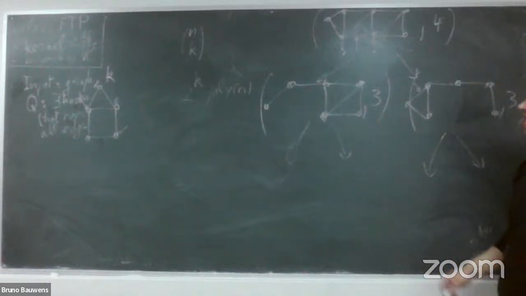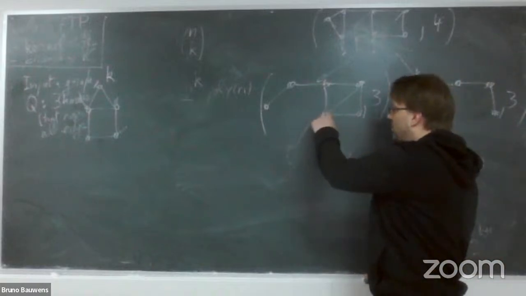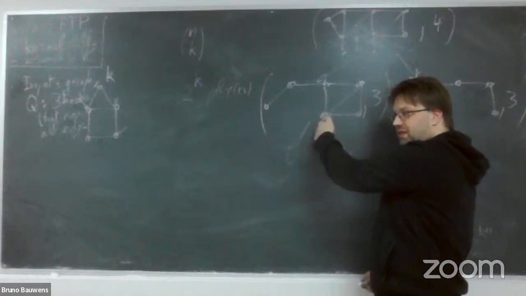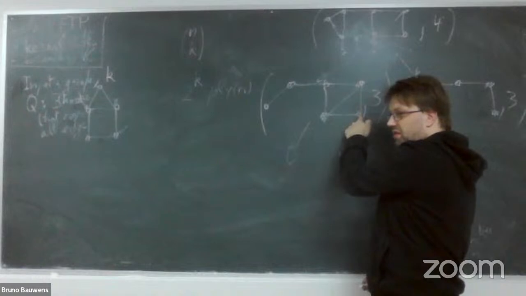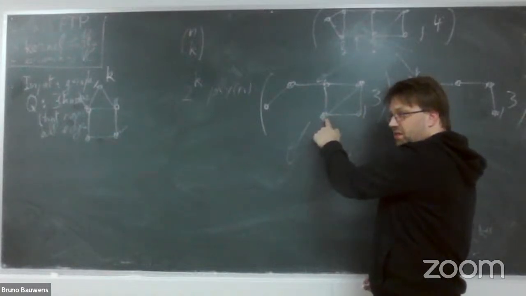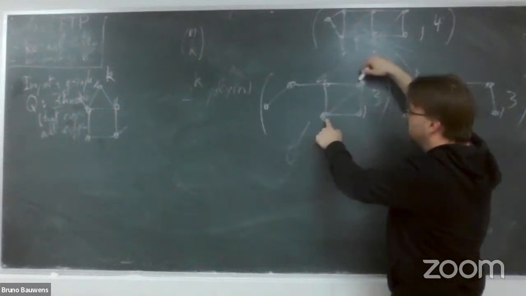Okay, so you can also branch on the nodes. So you say either the node is in the vertex cover or all the neighbors are in the vertex cover. If this node is not in the vertex cover, then these edges need to be covered. So all the neighbors need to be in the cover.